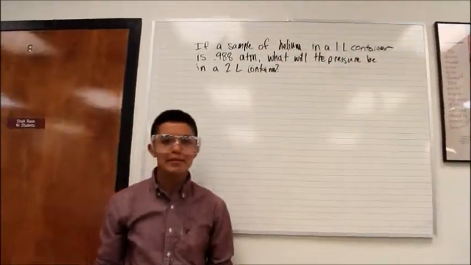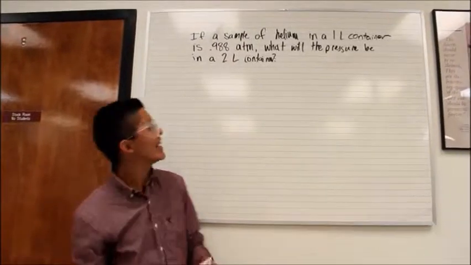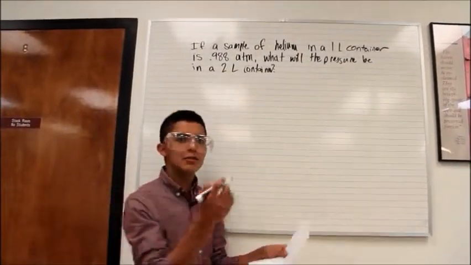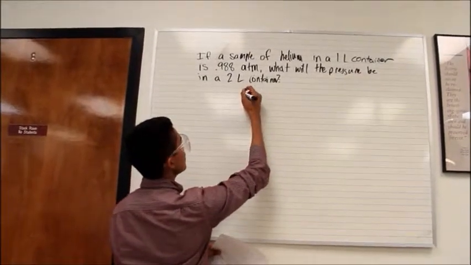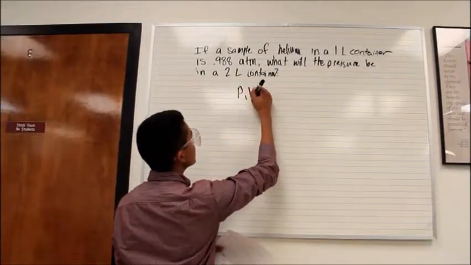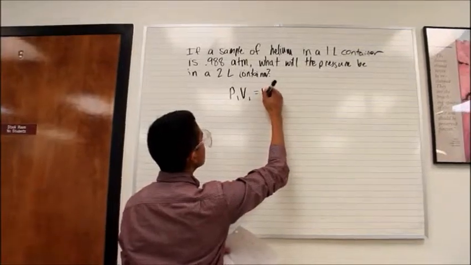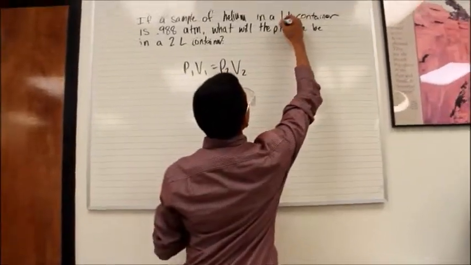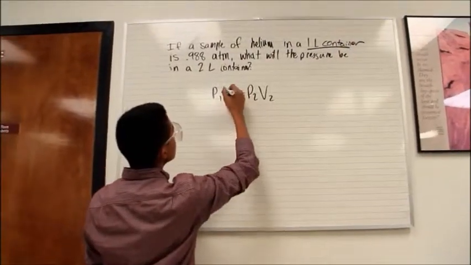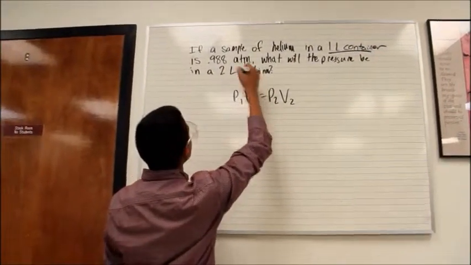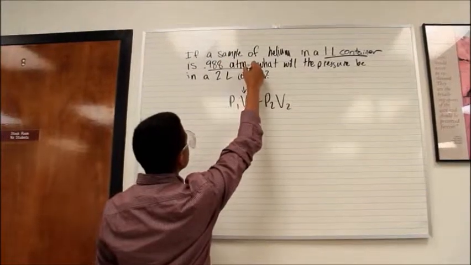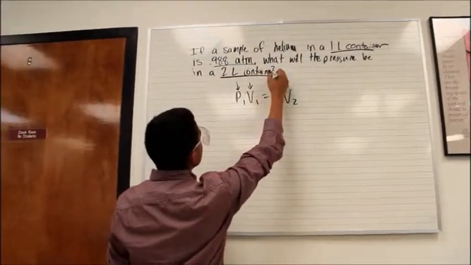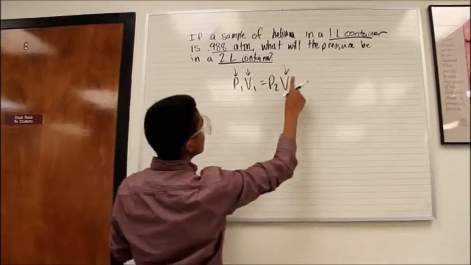If a sample of helium in a 1 liter container is at 0.988 atm, what is the pressure in a 2 liter container? We solve this by using Boyle's law, which is P1V1 equals P2V2. We're given 1 liter, the volume of our first one, and the pressure of the first one, and we're also given the volume of the second one.